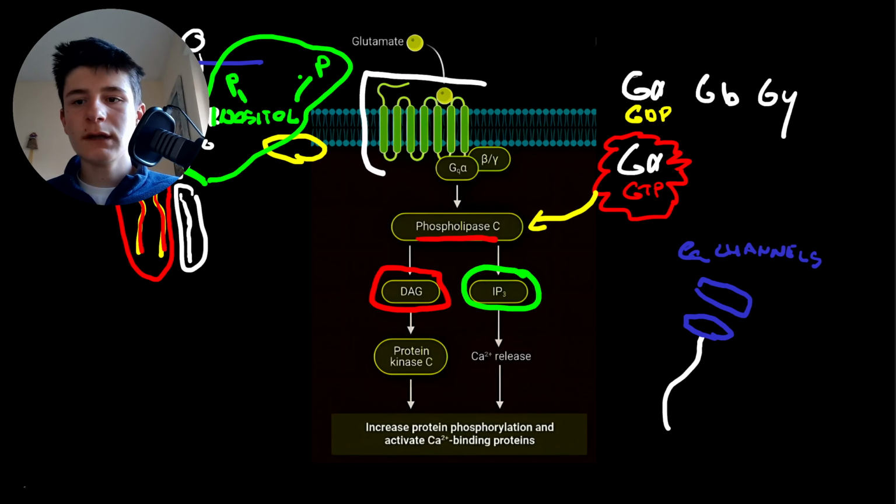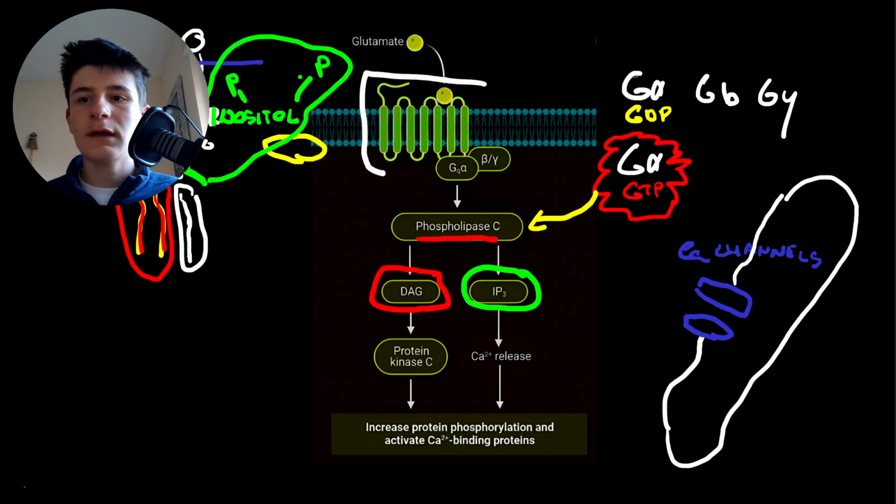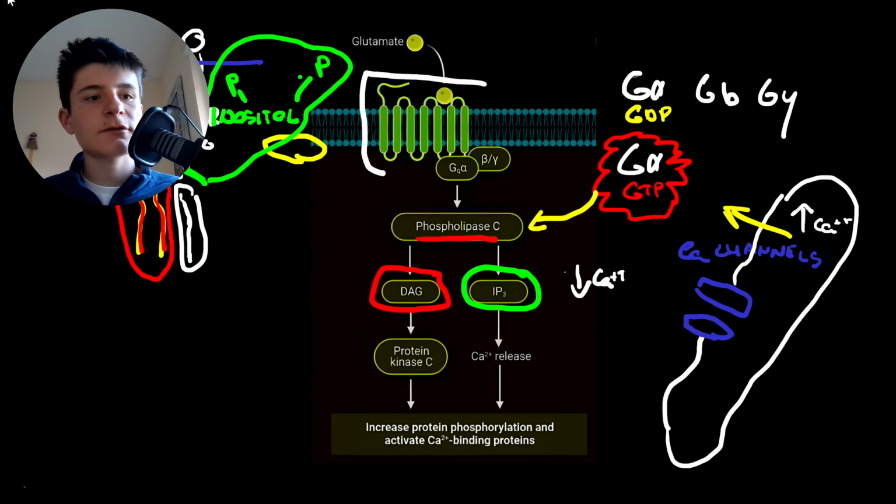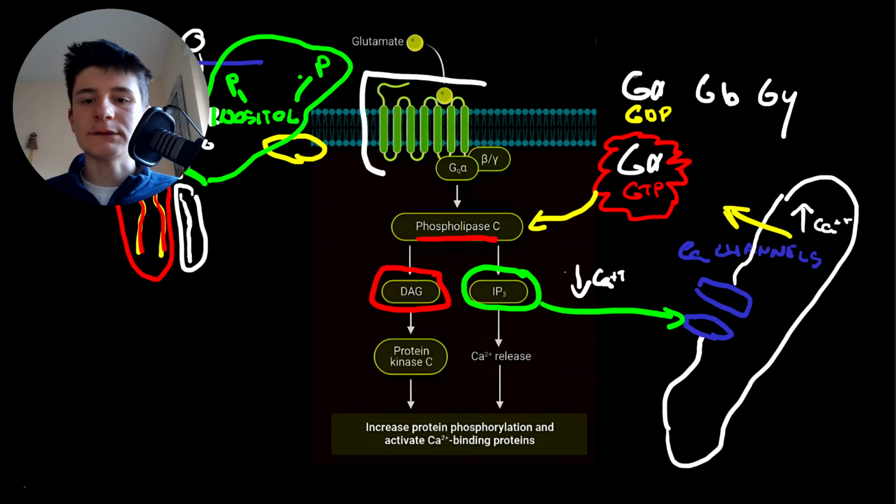And as you may know, inside the endoplasmic reticulum we have more calcium, while in the cytoplasm we have less calcium. So the gradient is in this sense, and if we open calcium channels with inositol trisphosphate, calcium flows out. And if calcium flows out, it activates proteins such as calmodulin.